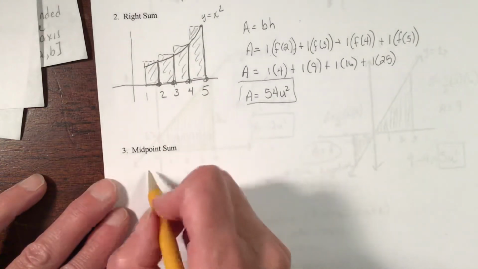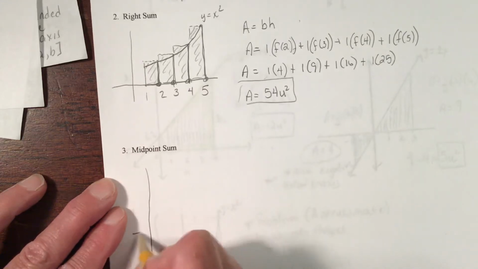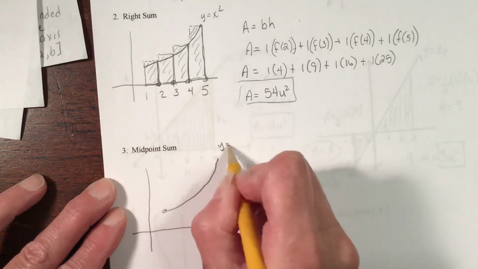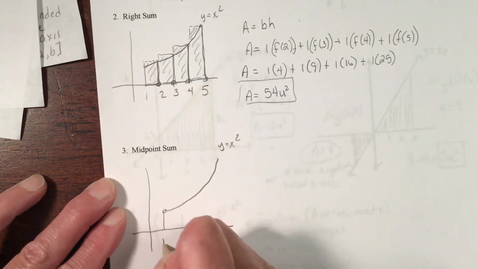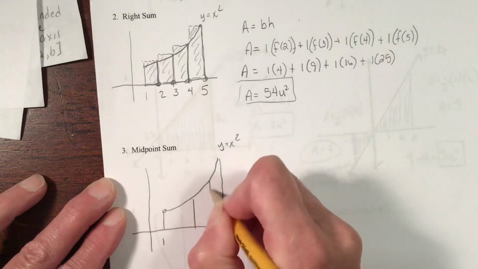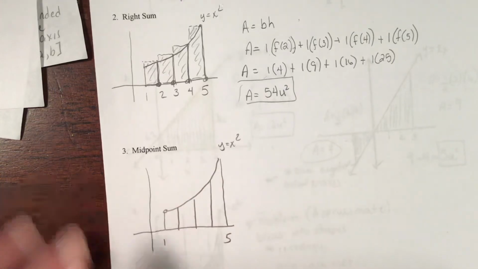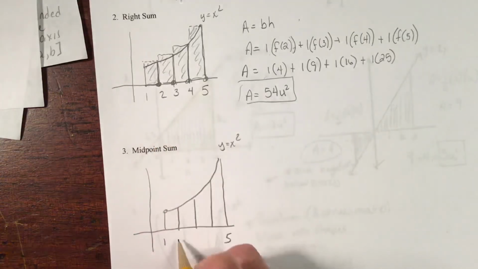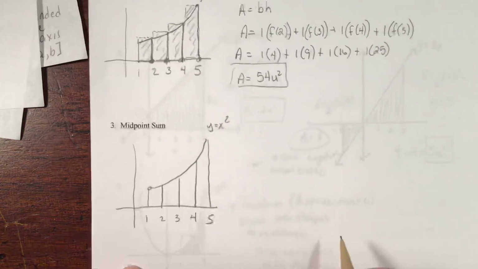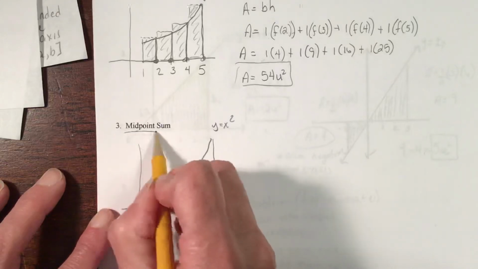Lastly, we're going to evaluate the same function. We're doing y equals x squared from 1 to 5. We have 4 subintervals or 4 rectangles. So we already know from above the length of each base is going to be 1 unit. This time, however, we're using a midpoint.